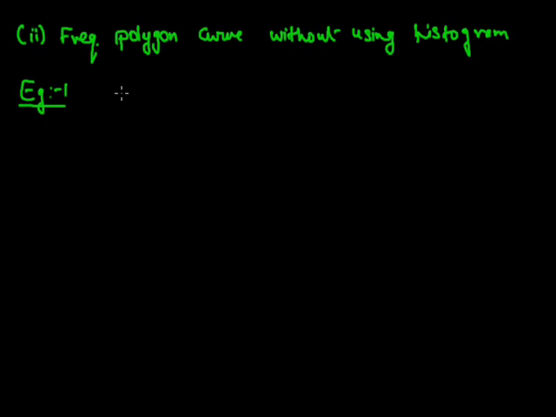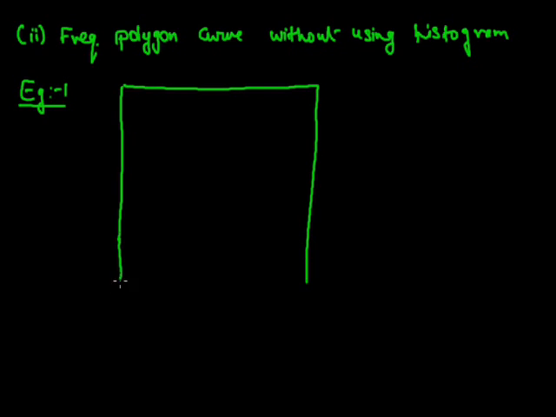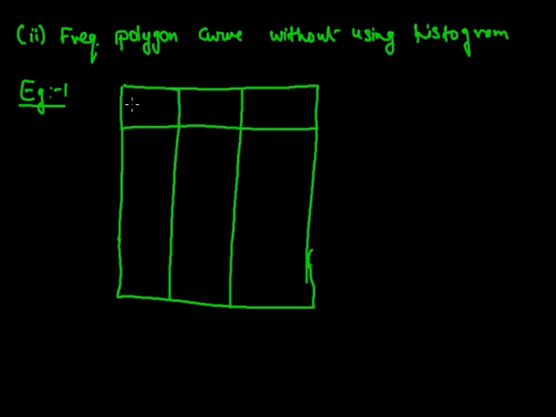First we'll note down the data in the form of a table. This table consists of marks the students got in the exam. Let's take between 10 to 20, 20 to 30, 30 to 40, and let's say 40 to 50.